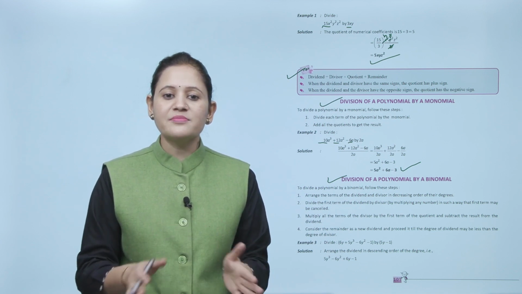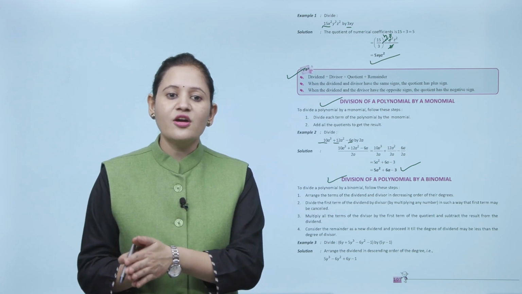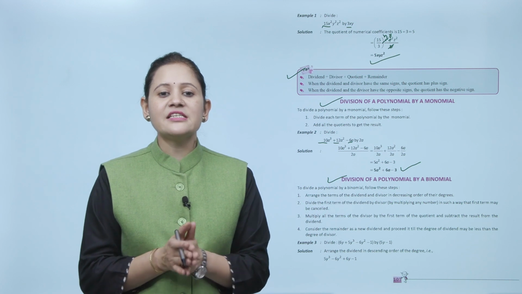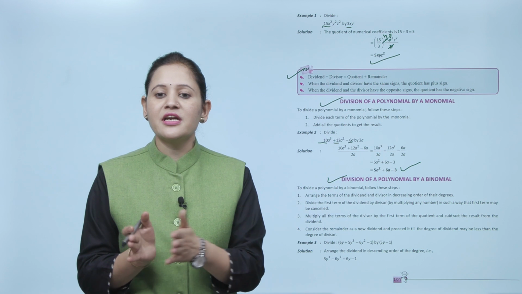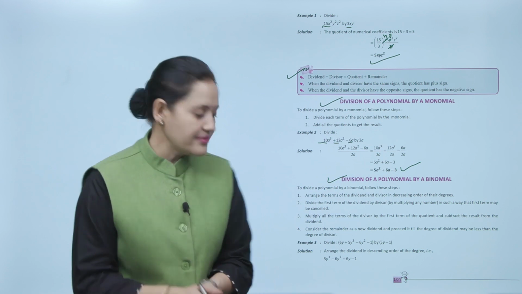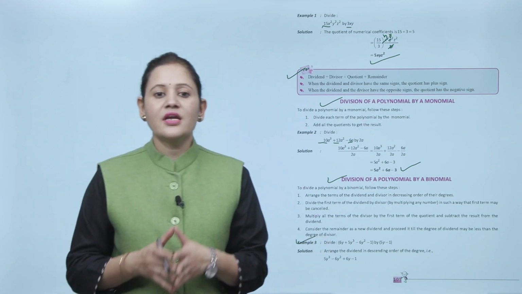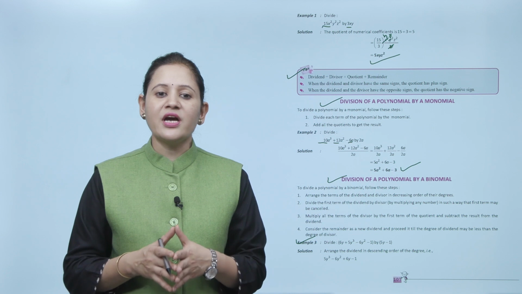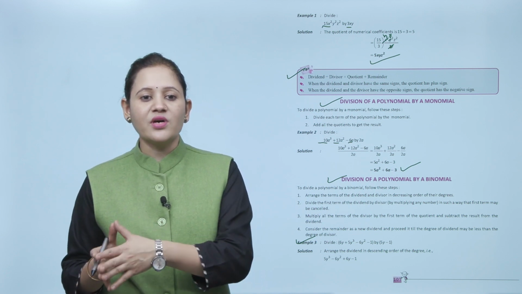Multiply all the terms of the divisor by the first term of the quotient and subtract the result from the dividend. Consider the remainder as the new dividend and proceed till the degree of the dividend is less than the degree of the divisor. Now we'll take an example. Divide 6y plus 5y cube minus 6y square minus 1 by 5y minus 1.